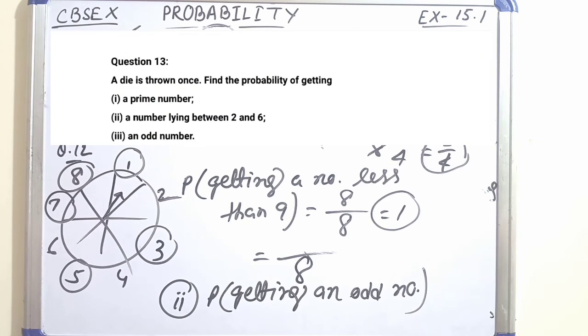Now last, question number 13. A die is thrown once. Find the probability of getting a prime number, a number lying between 2 and 6, and third, an odd number.